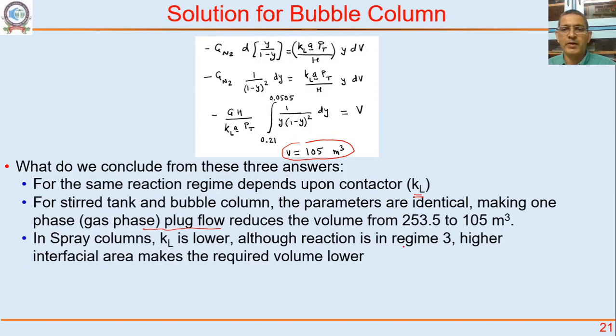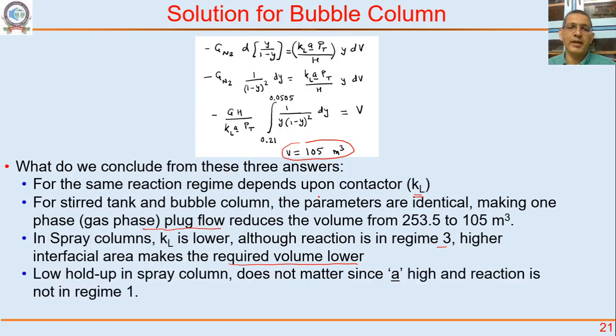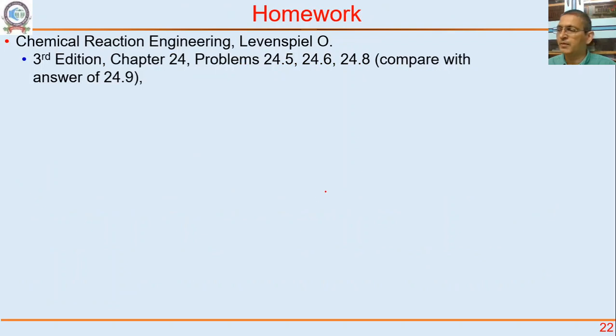KL is lower, but reaction is in regime 3. Higher interfacial area makes the required volume lower. Instead of 100, it is 1000, or 300, it is 1000. Okay. This is how we would design a reactor for fluid reactions.